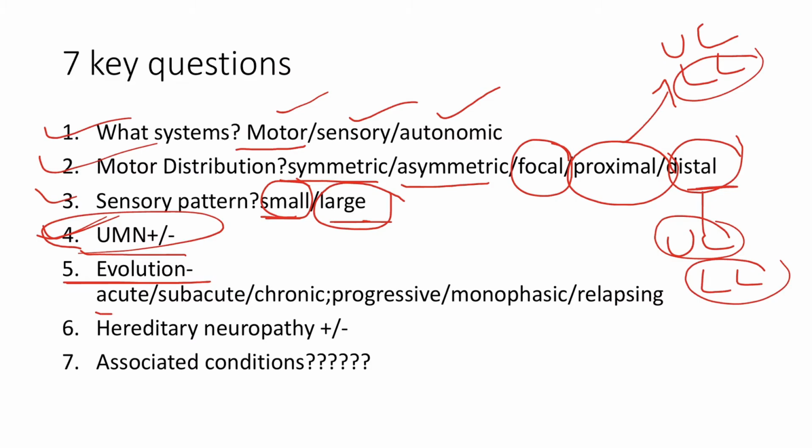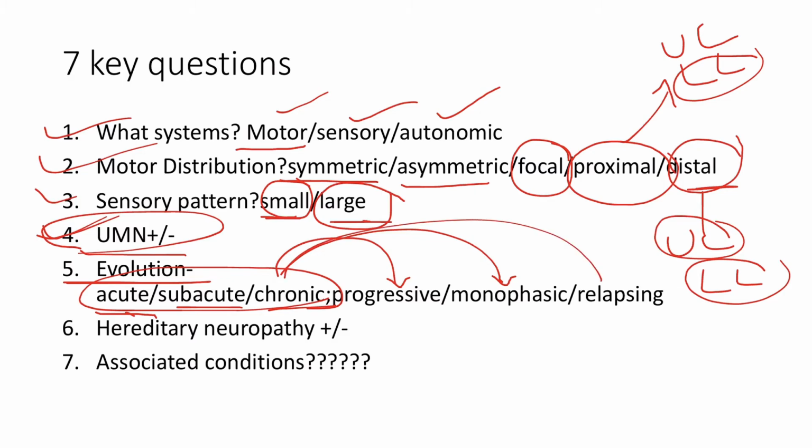It may be acute onset, subacute onset, or chronic onset. Now if the disease has begun in any of these fashions, it can either be a one time attack, that is a monophasic illness, or it can be multiple attacks, keeps on relapsing and remitting course. Any of these patterns will again help us to identify the disease.